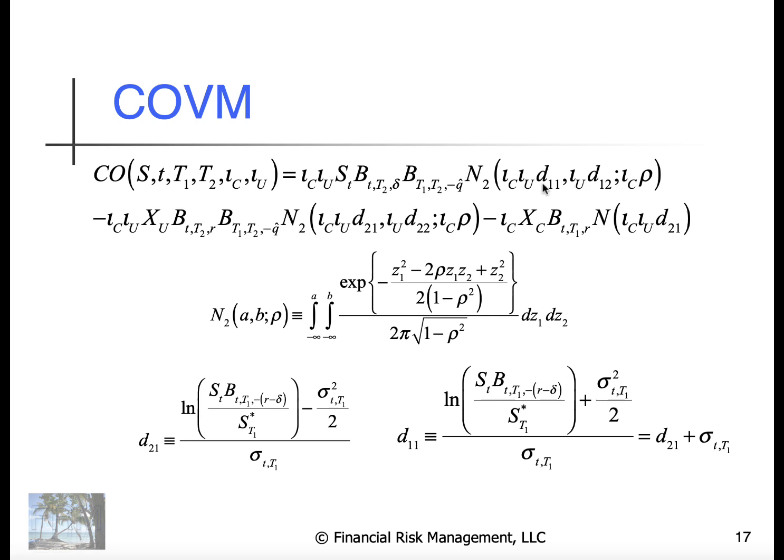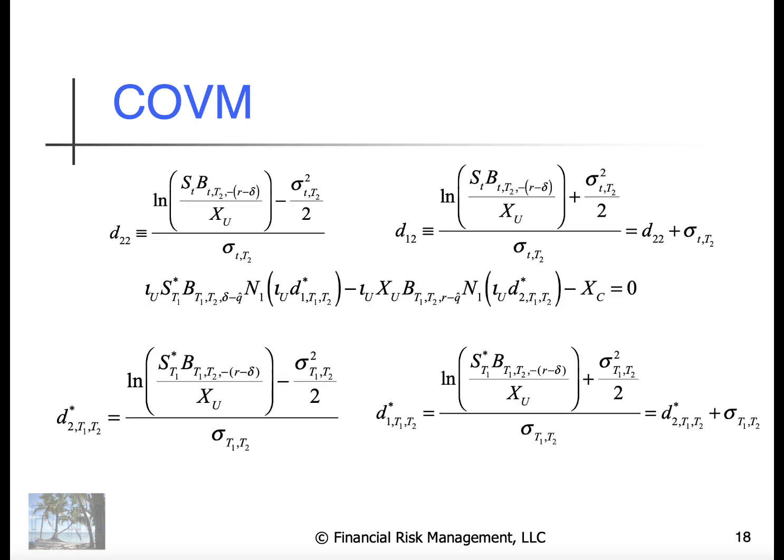There are 4 different D terms. There's D sub 1,1, D sub 1,2, D sub 2,1, and D sub 2,2. And so there'll be 4 different calculations required. If you'll notice for D21 and D11, what typically is the strike price is going to be an equilibrium stock price under certain conditions.